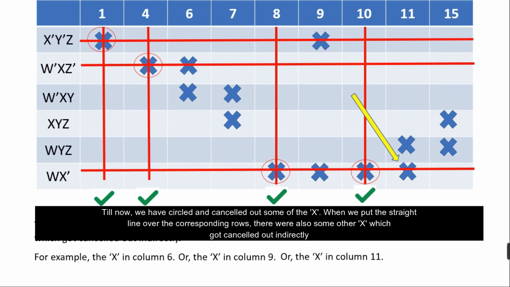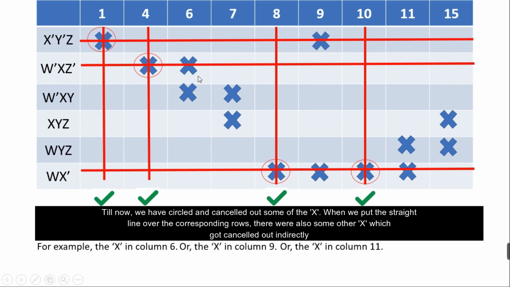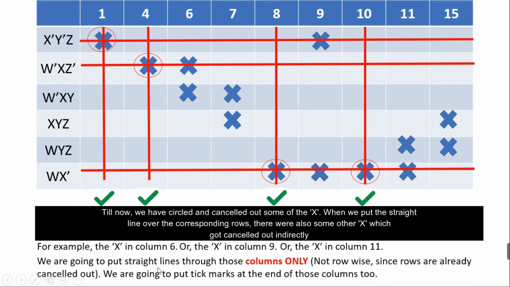So now we're going to go to those x's and we're going to cancel their columns, only their columns. Okay, so we're going to put straight lines through those columns only. So for example, we're going to go to this place. This x was cancelled out indirectly, so we're going to put a straight line over there throughout the column.